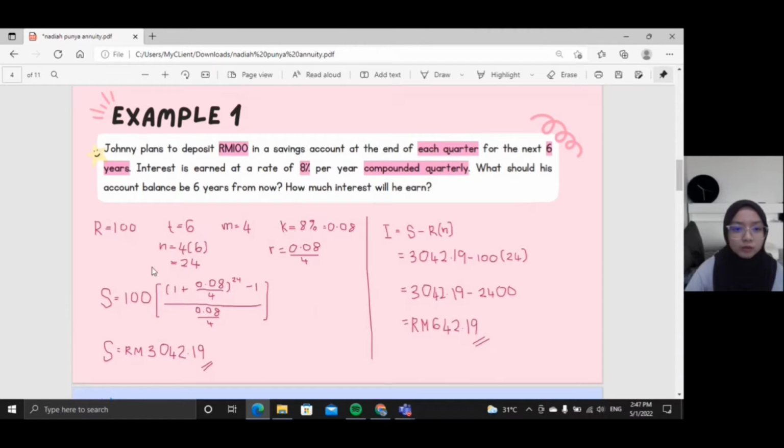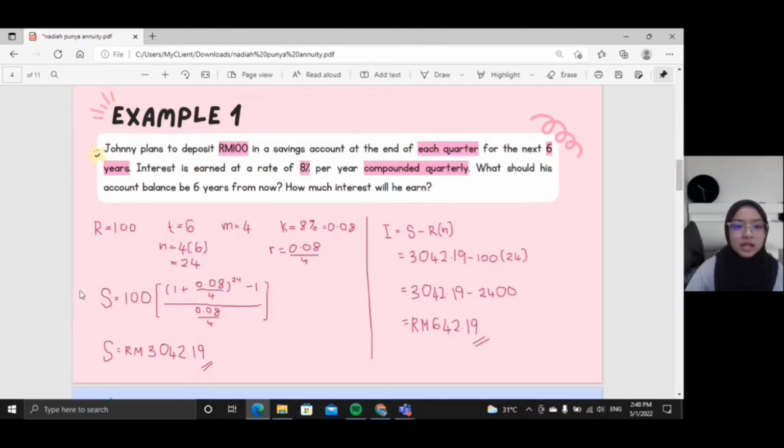So how can we find n? It is m times t, so we will get 24: 6 times 4, or 4 times 6, is 24. And then here we have k, 8%, so we have 0.08. We will simplify it. And then the r is k over m, so we have 0.08 over 4 here.